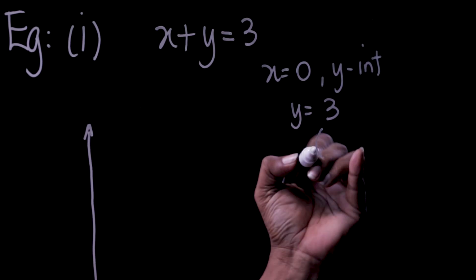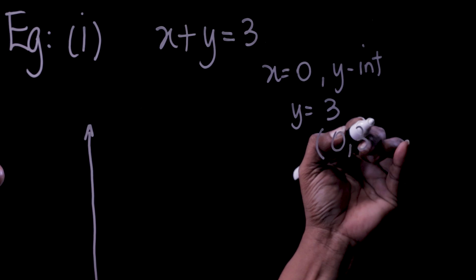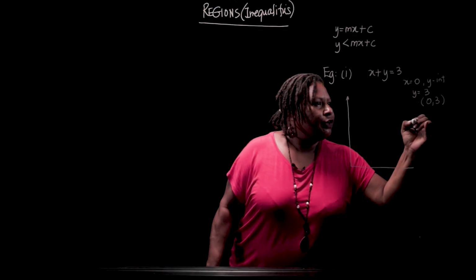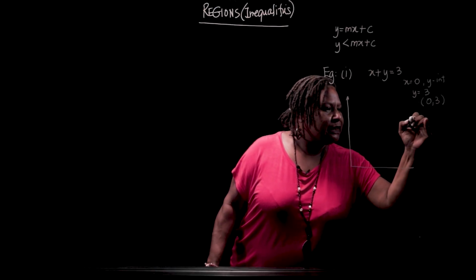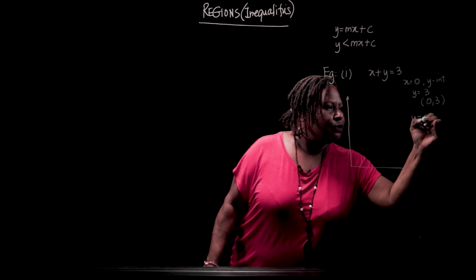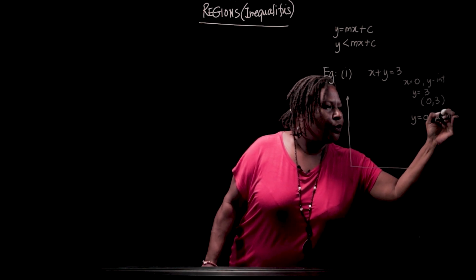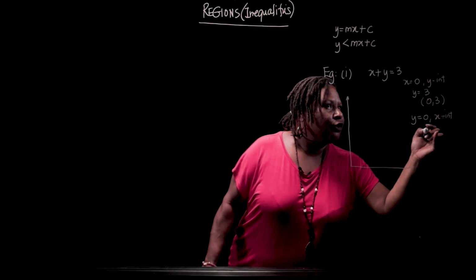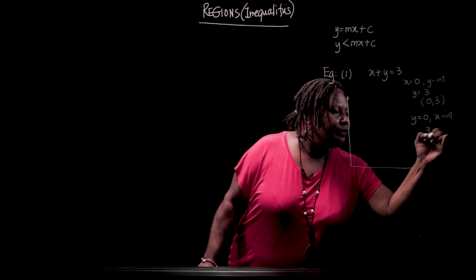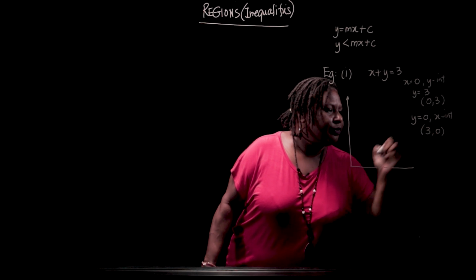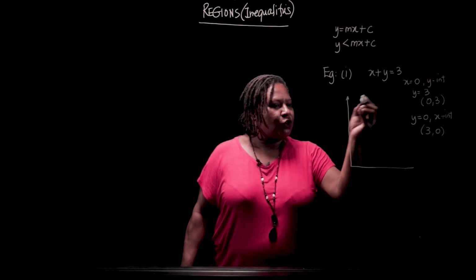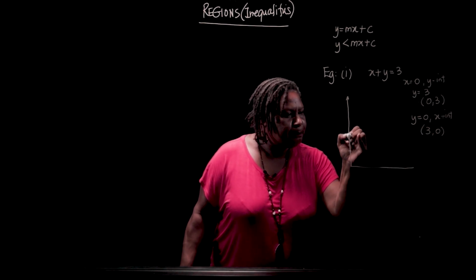So our y-intercept is at 0, 3. Now, to find the x-intercept, y will be equal to 0. So our x-intercept for this graph will be 3, 0. We sketch in those two important points.